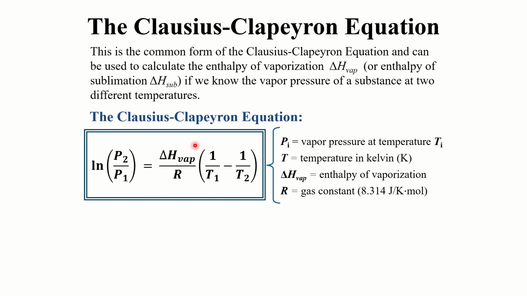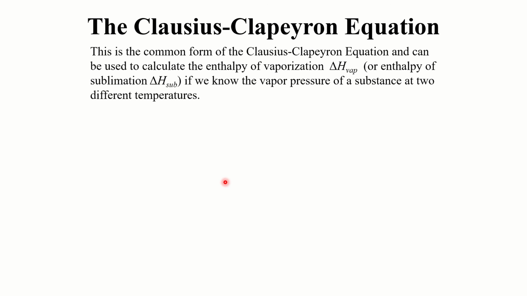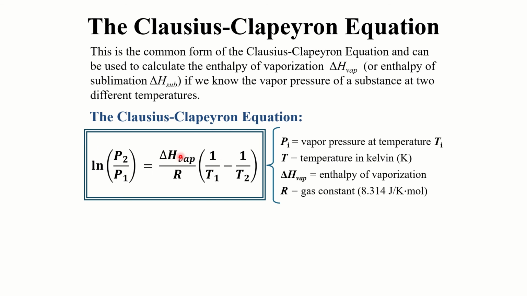This is almost identical to the version I showed you on the previous slide. All I did was I took that negative that was right here and I distributed it to the terms on the inside, and so that's why the orders of the temperatures flipped. So you can see this version versus this version just has the orders of these temperature terms flipped and no negative sign here.